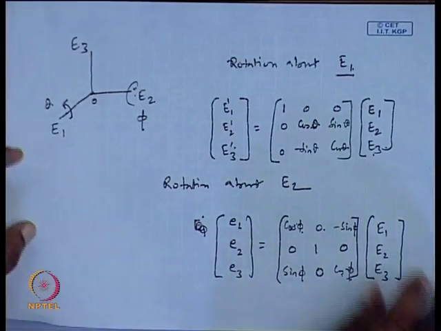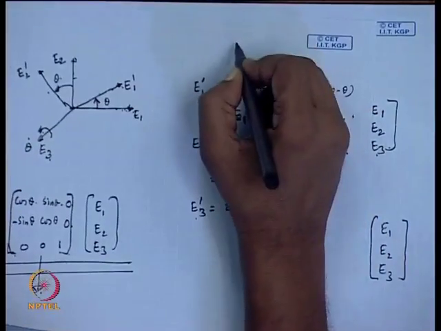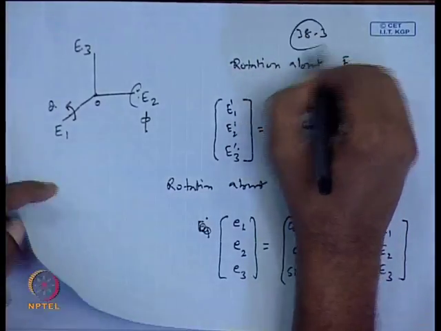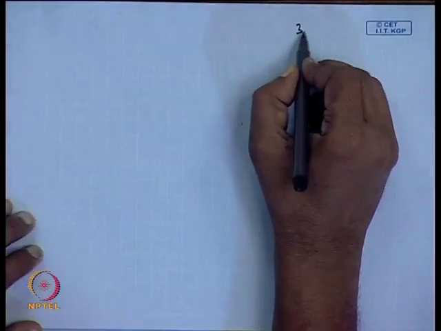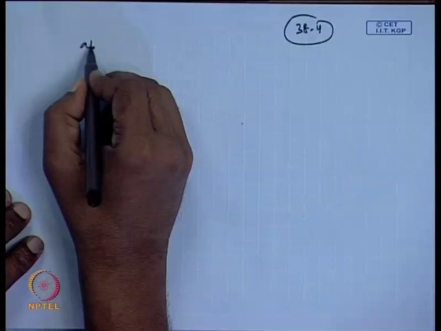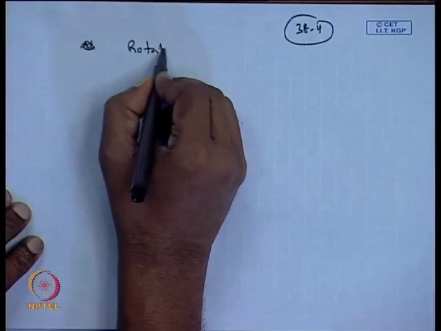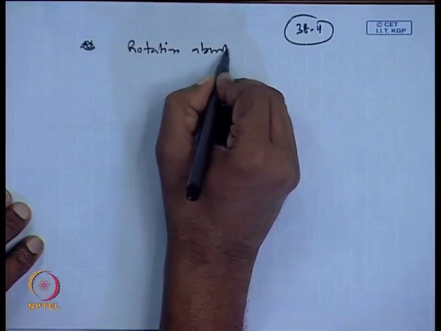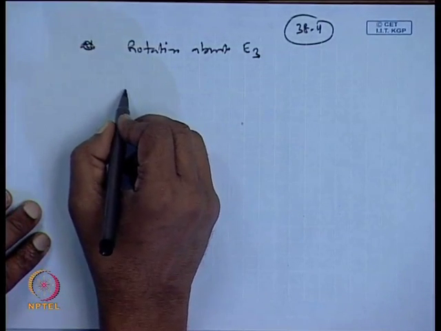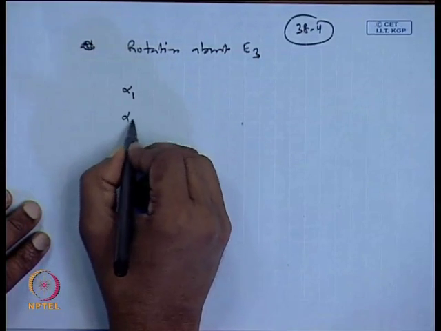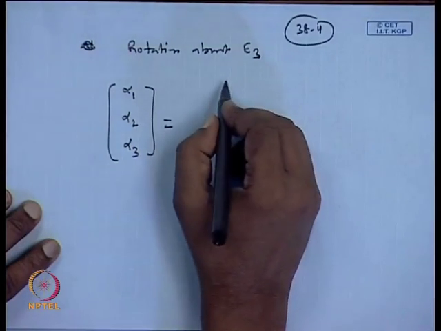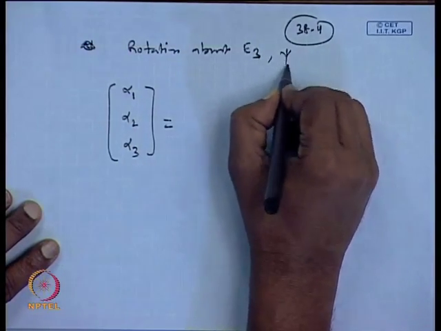Again if we rotate about E3, let us indicate this vector as alpha 1, alpha 2, alpha 3, and this we rotate by psi.